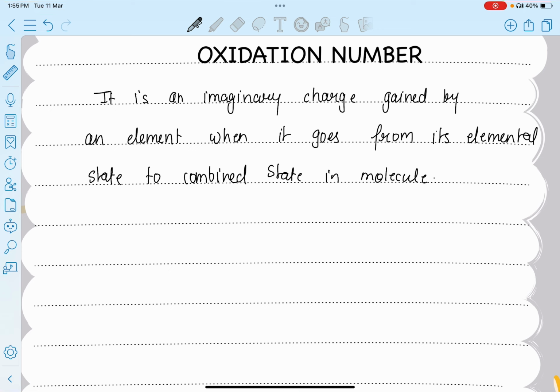Okay, so oxidation number is an imaginary charge gained by an element when it goes from its elemental state to combined state in a molecule.